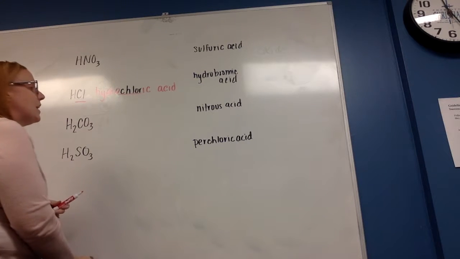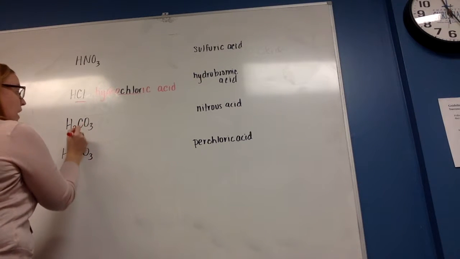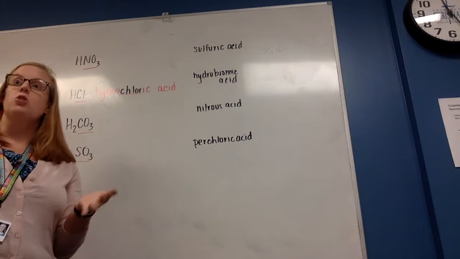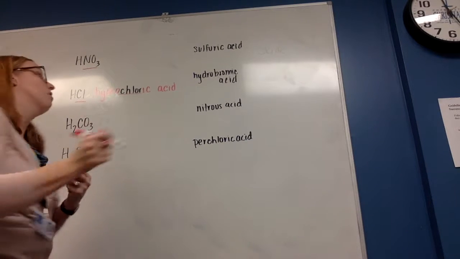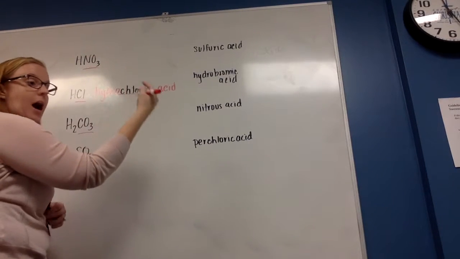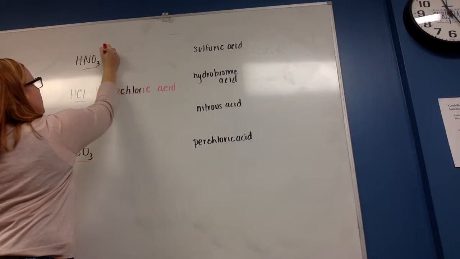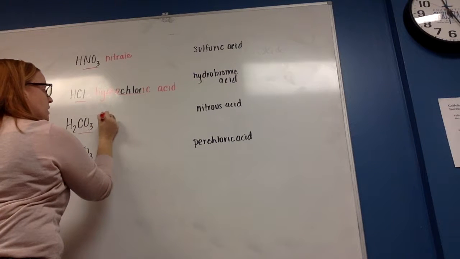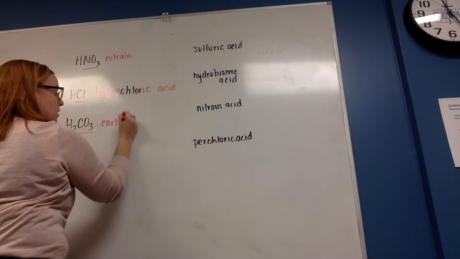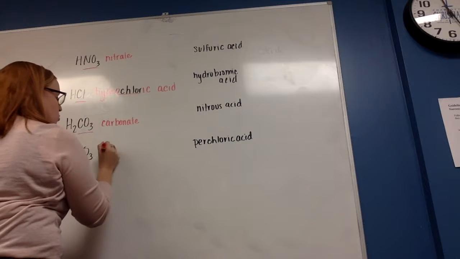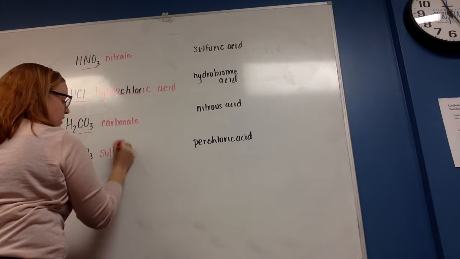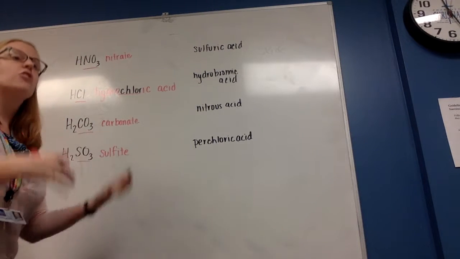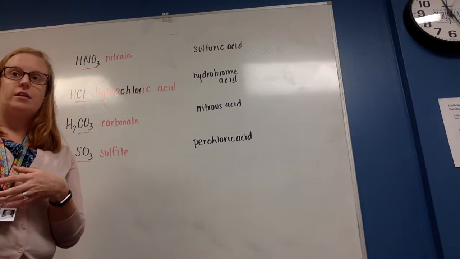Now, if next to the hydrogen there is a polyatomic ion, the first thing you need to do is name that polyatomic ion. On your polyatomic ion chart, NO3 is nitrate, CO3 is carbonate, and SO3 is sulfite. You've got to be careful with these subscripts because SO4 is sulfate, SO3 is sulfite.